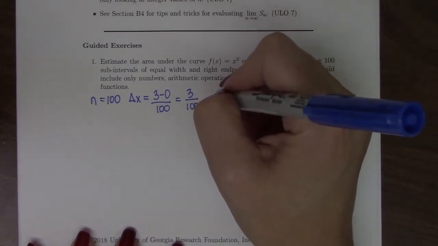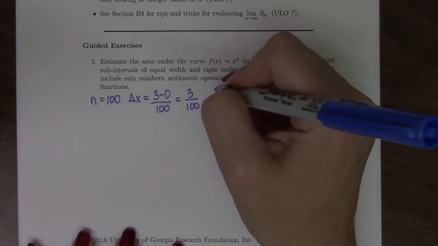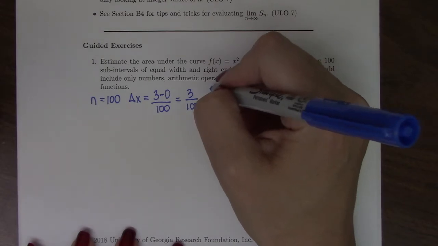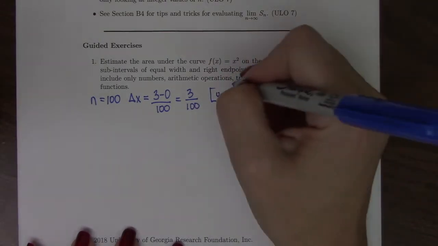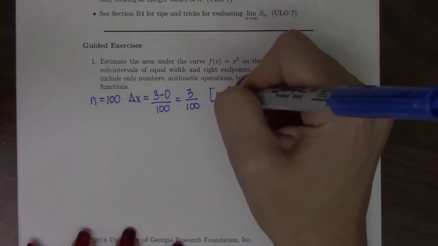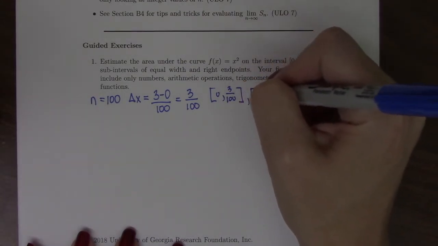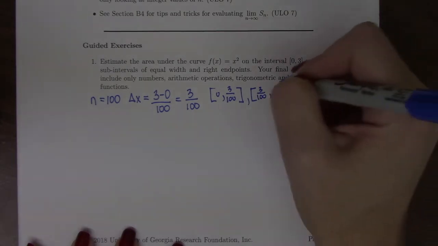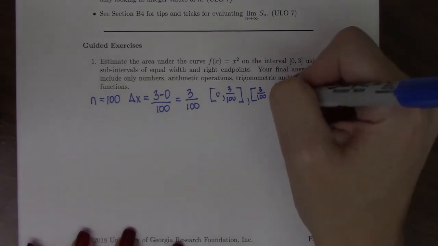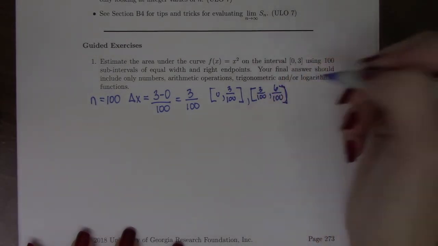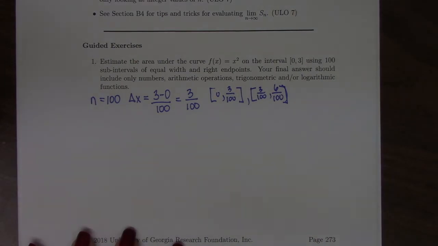So the first rectangle, its left edge is going to be 0, but its right edge is going to be 3 over 100. Then the next rectangle picks up at 3 over 100 and goes to 6 over 100. So I got that by just adding 3 over 100.